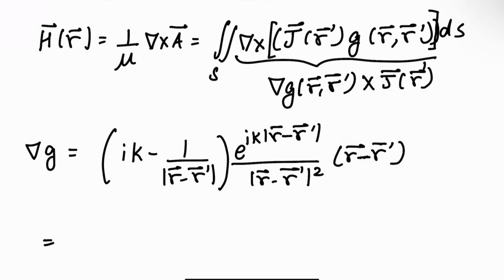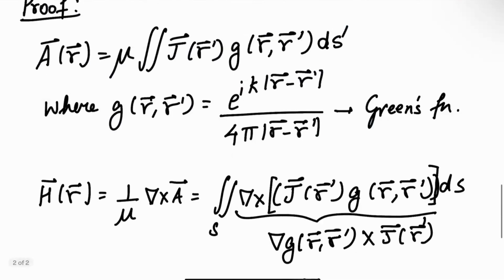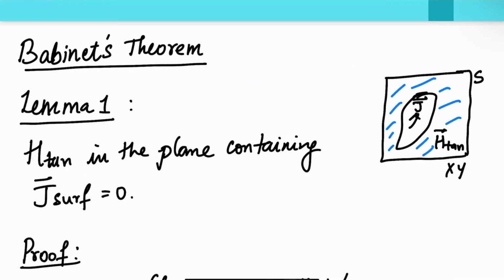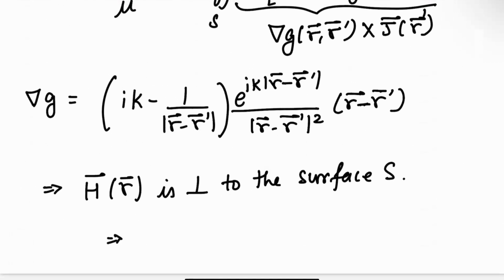So it implies that H is perpendicular to the surface S, where our S surface is the XY plane in that example. And of course this means that H tangential is 0 on S. All right, so we've proven the first lemma.